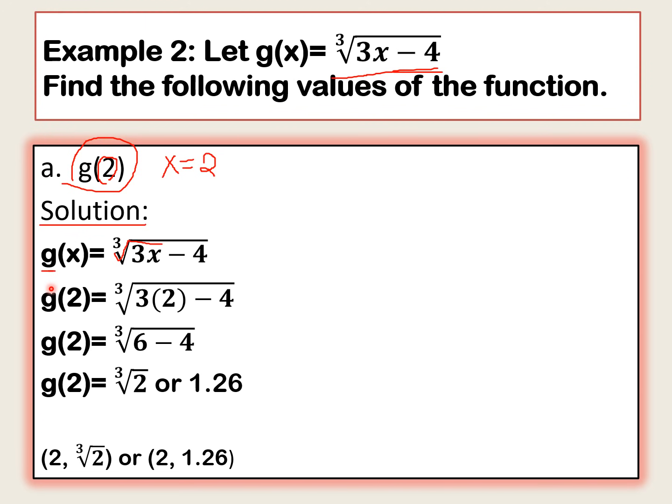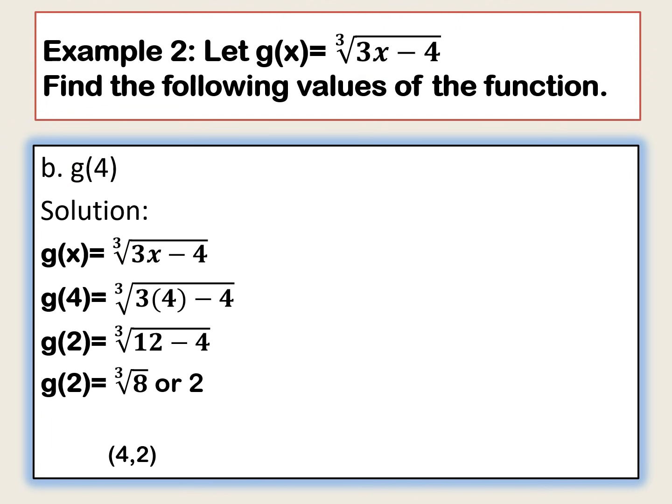Now, let's have naman another. Same function tayo, pero syempre mag-iiba yung mismong value ng x natin. Let's have another. So, example number 2, ulitin ko lang that we still have the function cube root of 3x minus 4. Now, in here, for item B, we have g of 4. What does this mean?